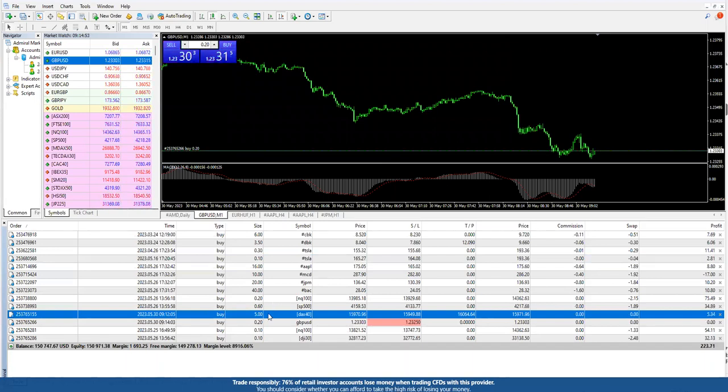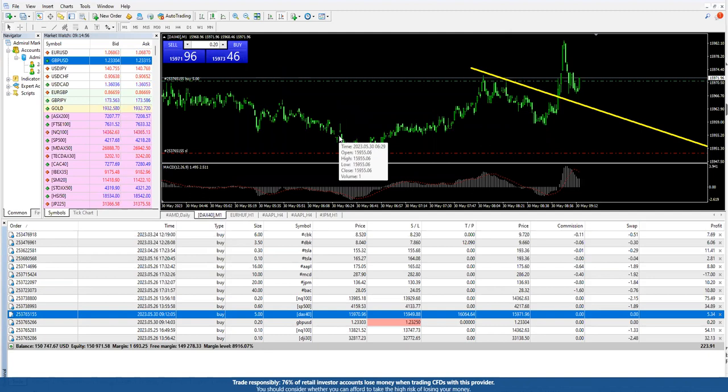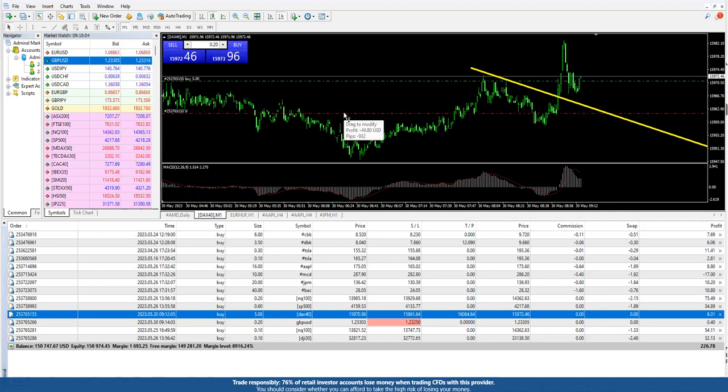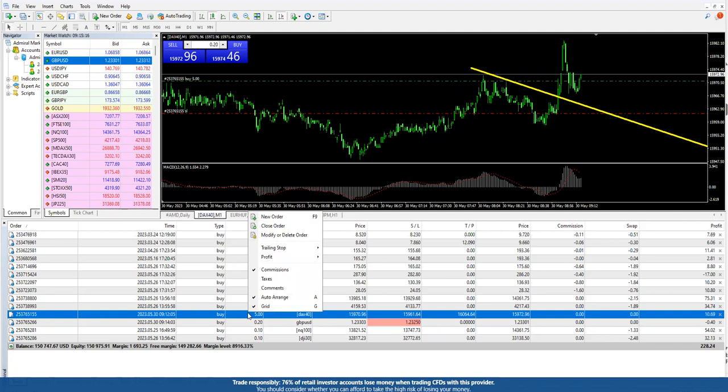So let's go back to DAX. My plan is to set the stop loss a little bit closer. The risk is only 50. And I will prepare for the partial closing in some minutes.